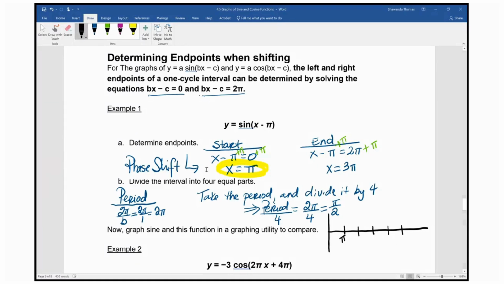We start at pi according to our formula for endpoints. And then what we can do is just add pi halves every time. So if we have pi and add pi halves, what do we get to get the next radian on our x-axis? What is pi plus pi halves?